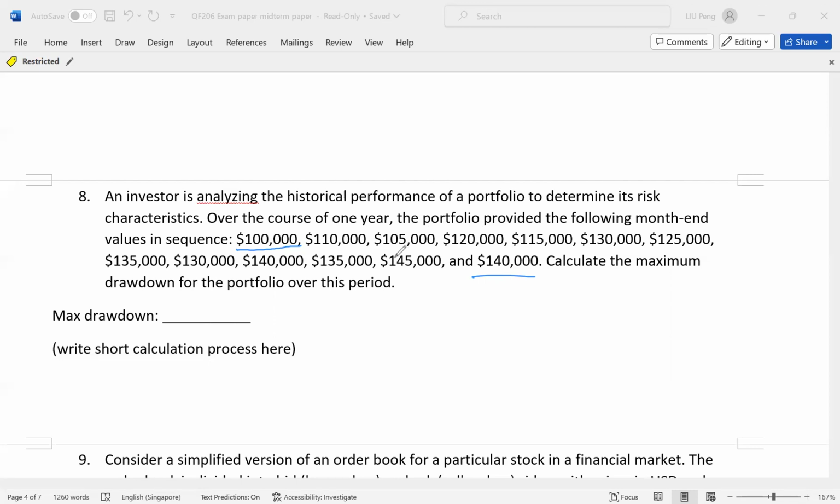Essentially it's a time series, imagine it taking different values on different days. We're asked to calculate the maximum drawdown. So this question tests the understanding of maximum drawdown.